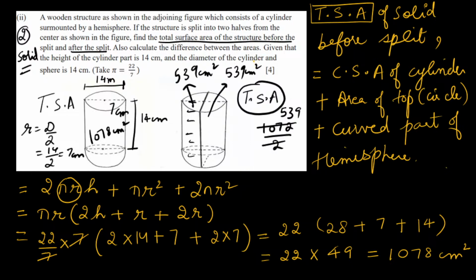Whenever you are finding the curved surface area or total surface area of any solid, always imagine the surfaces that solid has. Then only you do it, because we don't have any formulas for combinations of solids. That purely depends on your imagination, how you are able to imagine that solid.